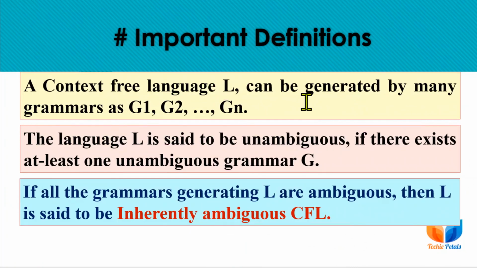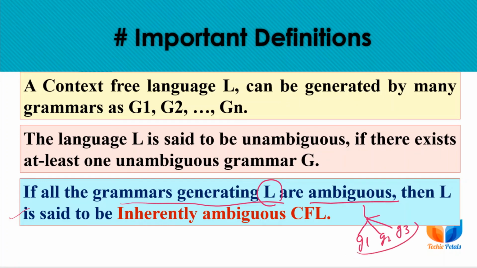And if all the grammars generating language L are ambiguous, then L is said to be inherently ambiguous. For a language we have multiple grammars, grammar 1, grammar 2 and grammar 3, and if all possible grammars are ambiguous, then we can say that the complete language is also ambiguous.